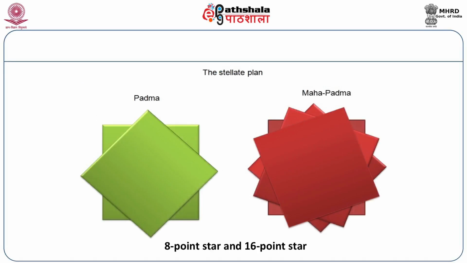Stellate plan is another feature of many of the Hoysala temples. Some of the temples are built on a stellate plan of 8 points, some others, or a majority of them, stellate plan of 16 points. Those with 8 points are called Padma plans, and those with 16 points are called Mahapadma plans.